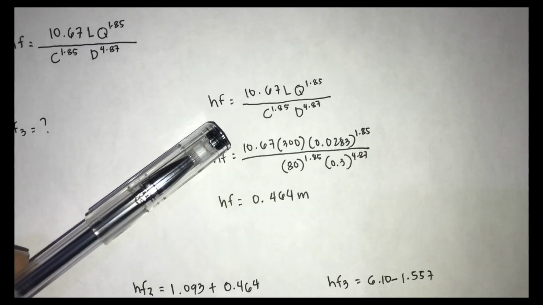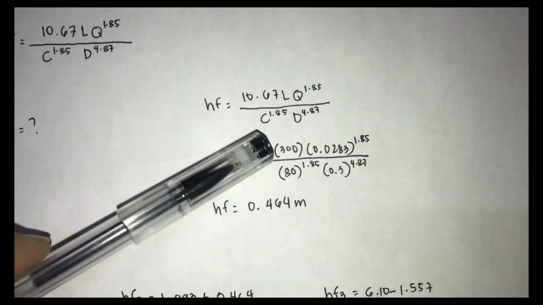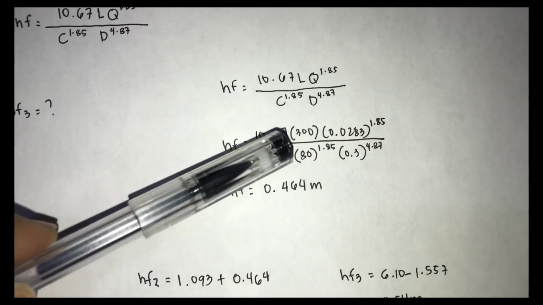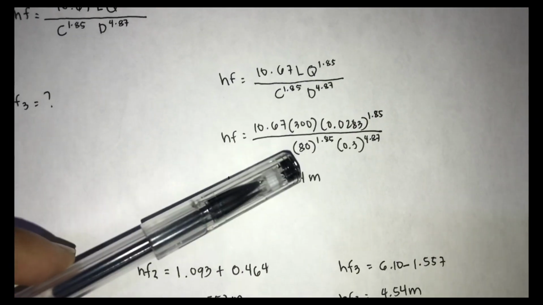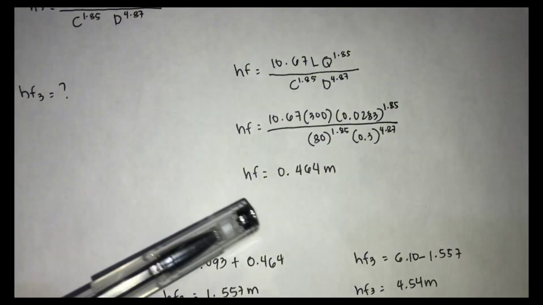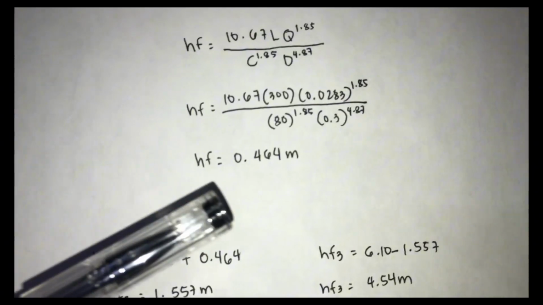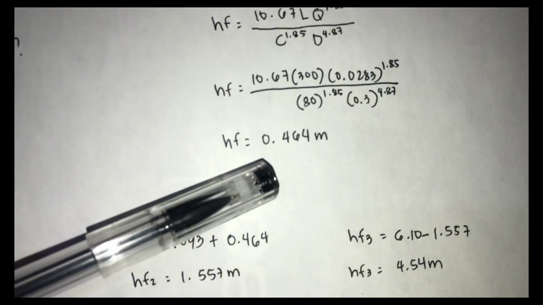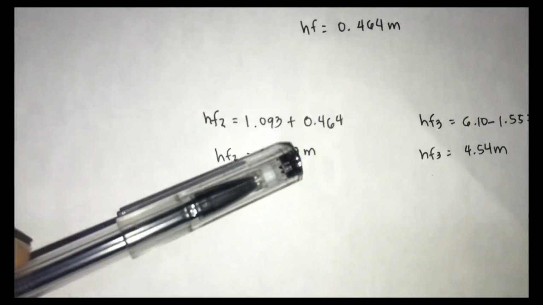So using the formula, substitute HF is equal to 10.67 times 300 times the discharge 0.0283 raised to 1.85 all over the coefficient 80 raised to 1.85 times 0.3 raised to 4.87. So HF is equal to 0.464 meters.